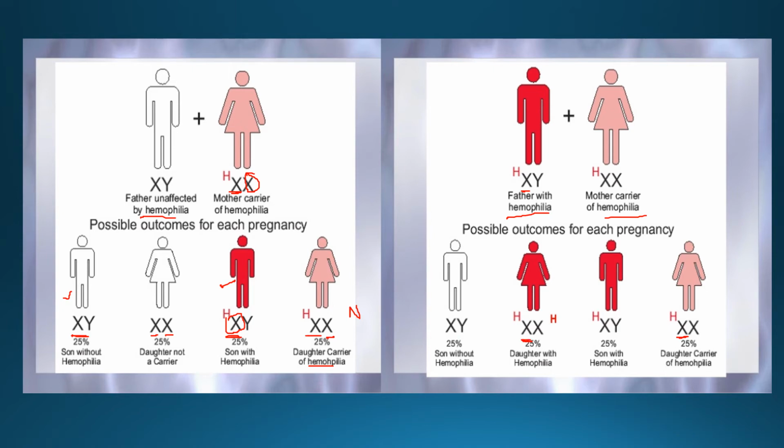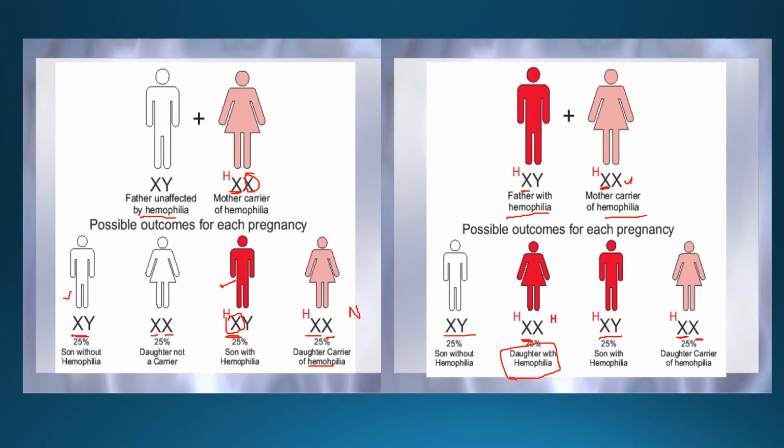And from the mother, if a girl inherits the mutant one, then this girl will be affected by hemophilia, whereas the other daughter will inherit the normal one from the mother, so she is a carrier. And coming to the males, 50% of the males are normal and 50% of the males will be affected.